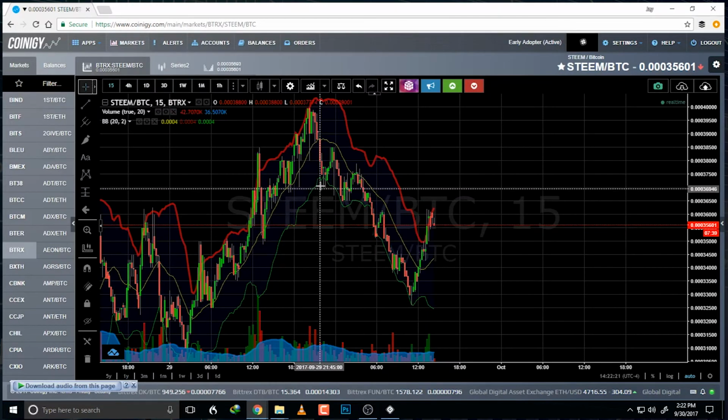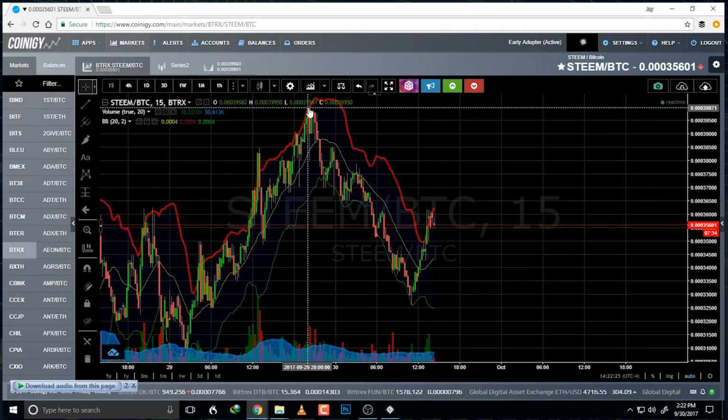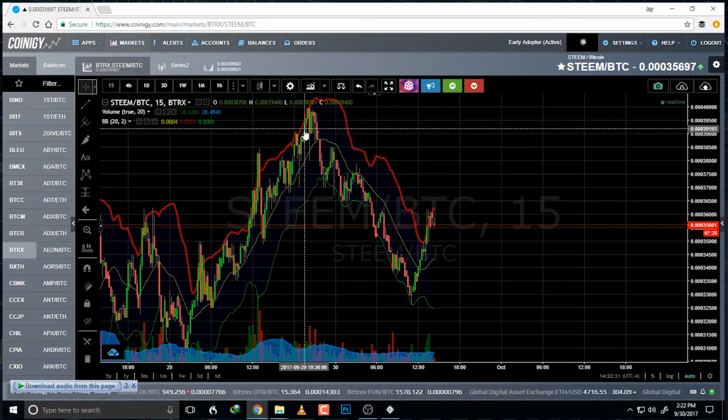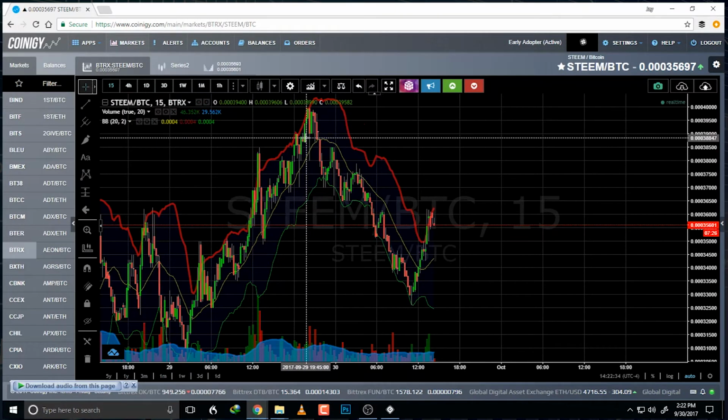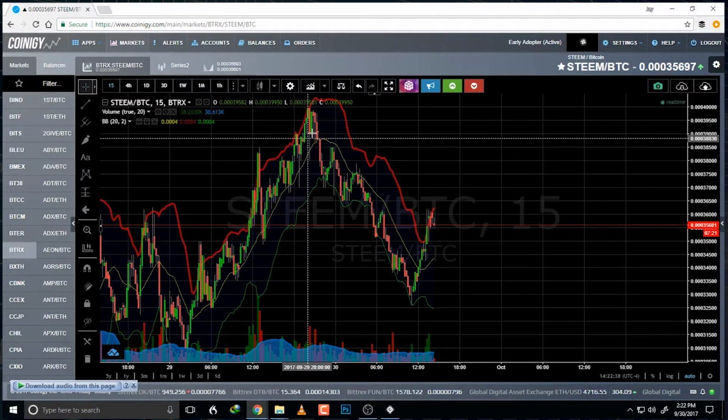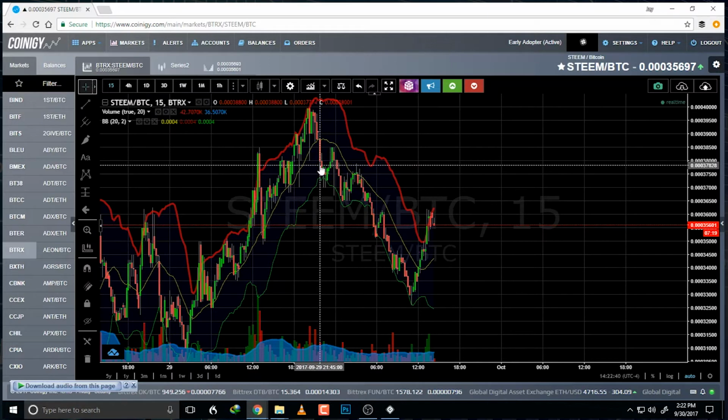What that means is above this line and below this line. So it's currently set at 25% and 25%, meaning somewhere in here it's going to buy, and somewhere in here it's going to sell, and somewhere in here it's going to buy.